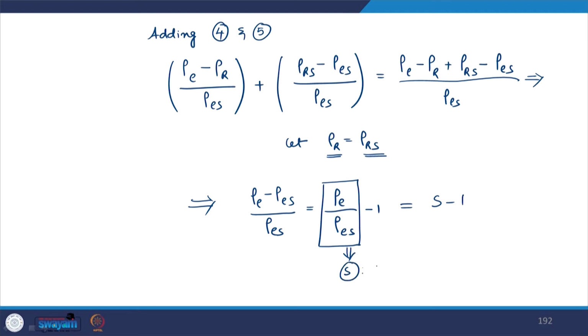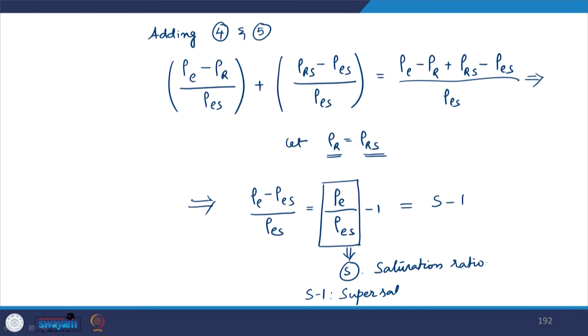What is S? S is the saturation ratio, and yes, the maximum value that the saturation ratio is expected to possess is ideally equal to 1, right. So, the quantity S − 1 of course indicates the supersaturation.